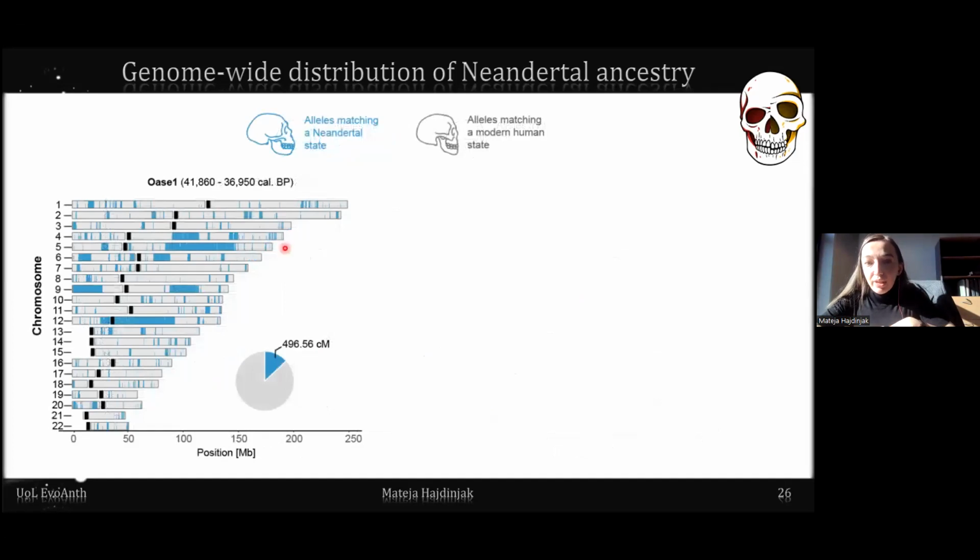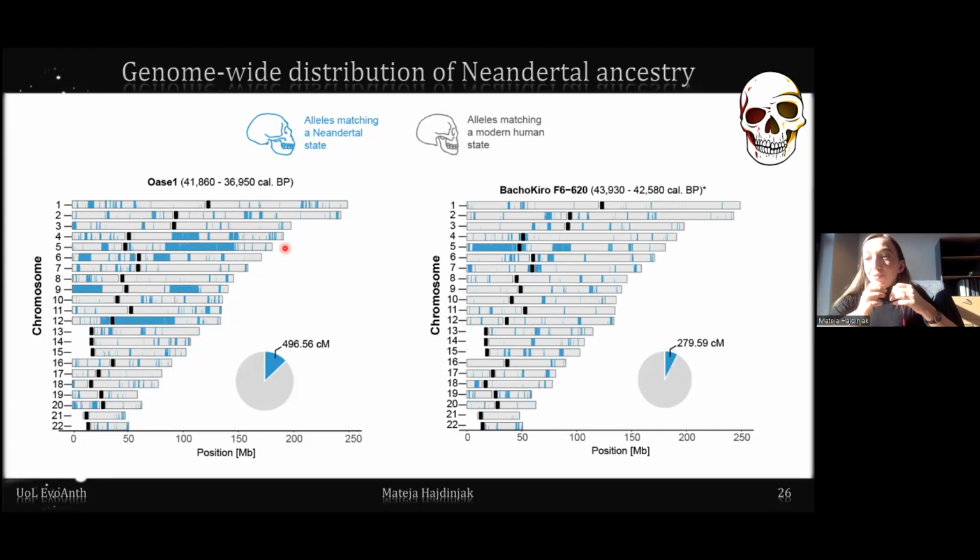Previously, back in 2015, when we obtained genome-wide data of Oase 1, the big surprise was finding these extremely long segments of Neanderthal DNA in his genome. And when we looked at the distribution of Neanderthal DNA in our initial Upper Paleolithic Bacho Kiro cave individuals, at least for me, it was surprising we found it again.